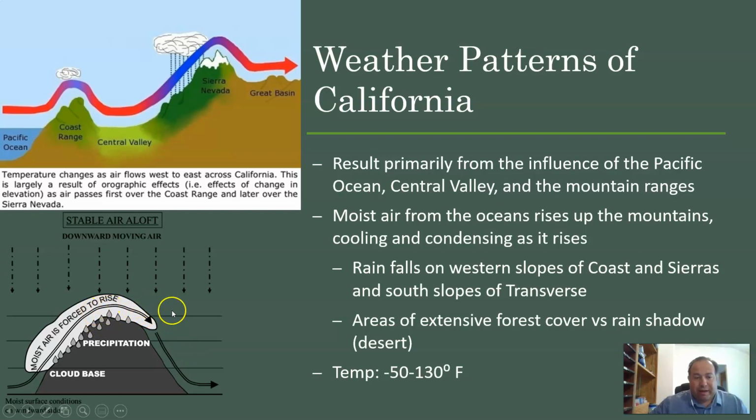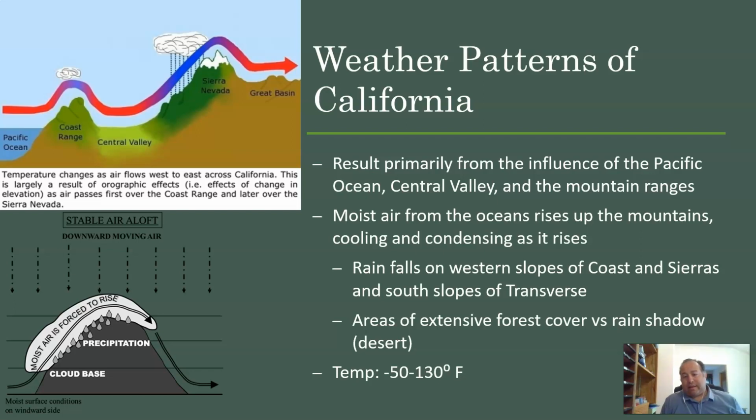We end up getting hot air coming through. So you see less rain in the Central Valley than you do on the coast. You also see rain again in the Sierra Nevadas more than you do in the Central Valley, but then you get really not much rain in the Great Basin.